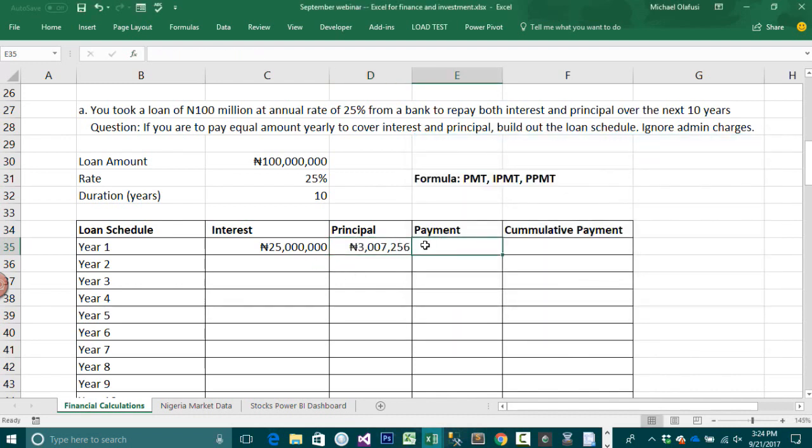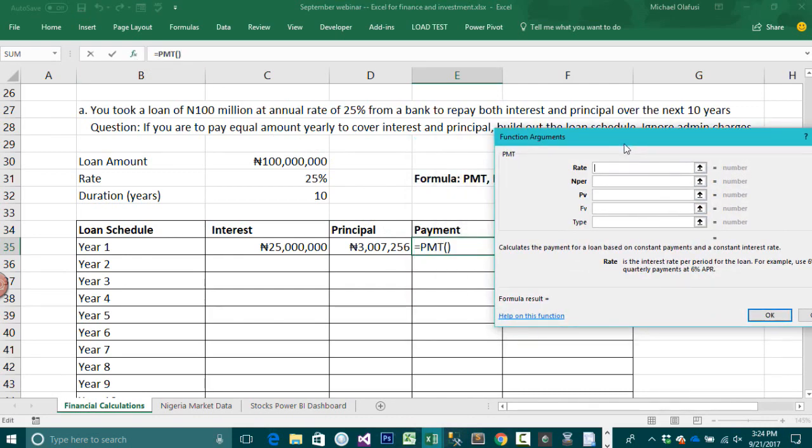And then we do the one for the actual money you are paying, which is PMT. So for the actual money you are paying, again I will click on that formula dialog box. Okay, so I click on the formula dialog box, and what is the rate again?